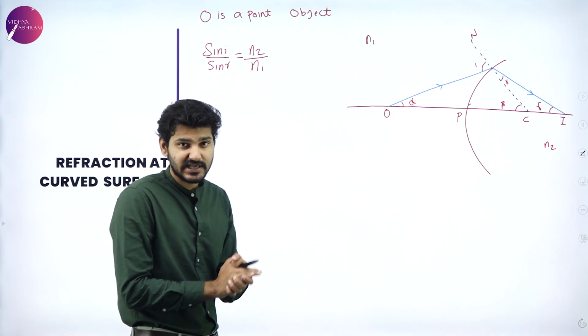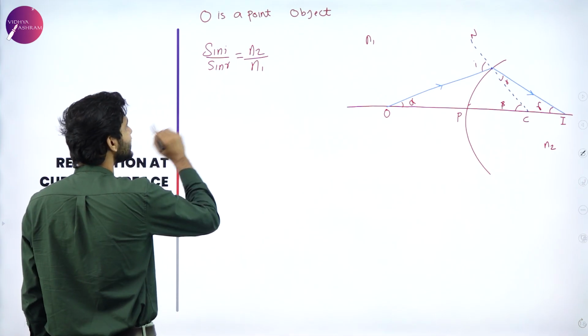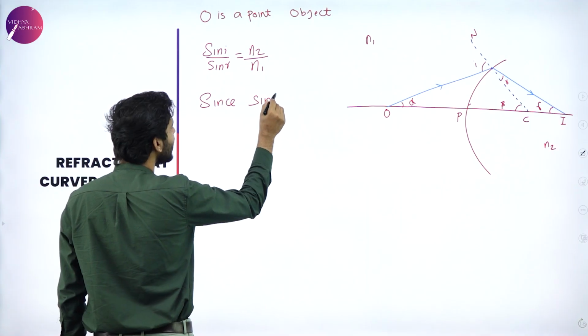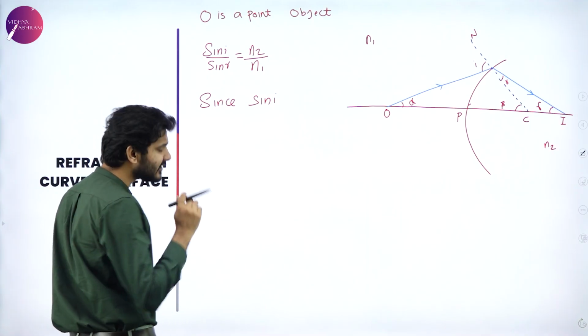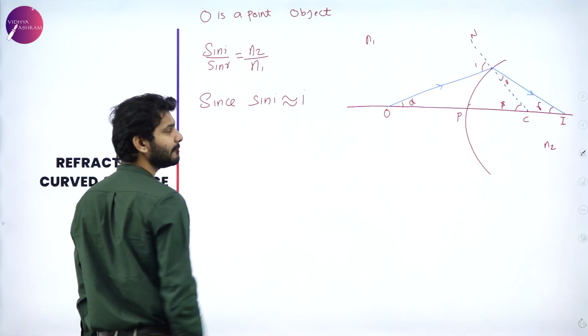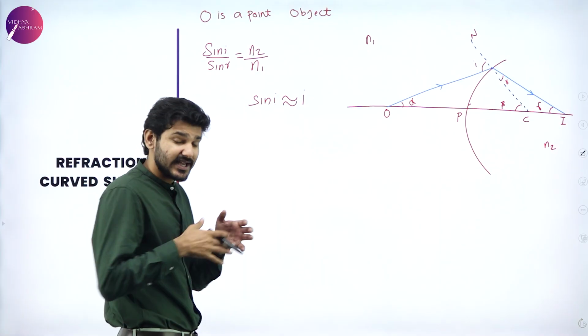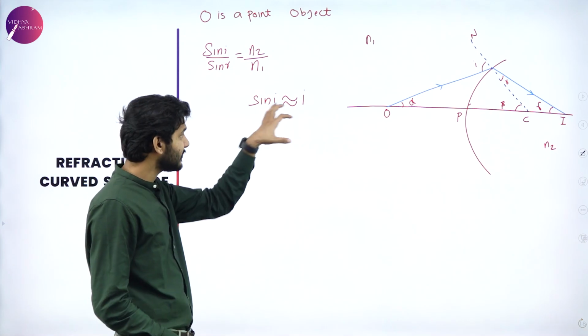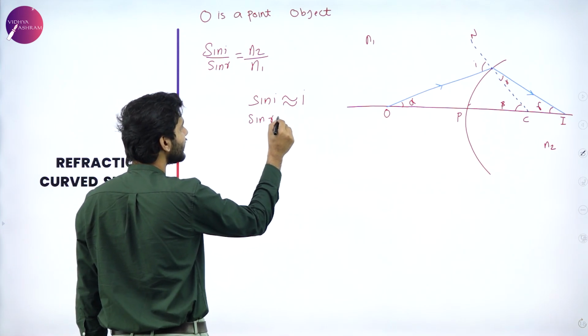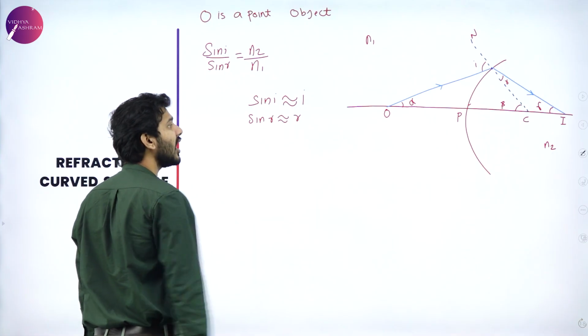Hence, since sine I is very small, it is approximately equal to I, and we can do the same for sine R, which is approximately equal to R.